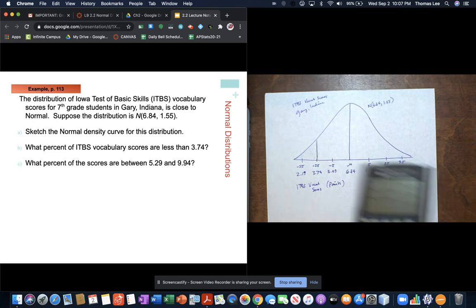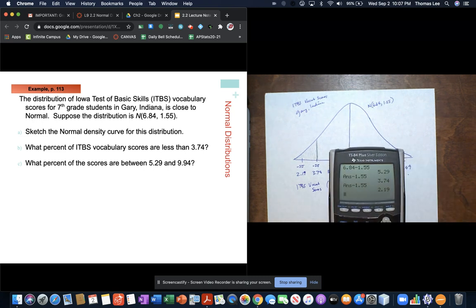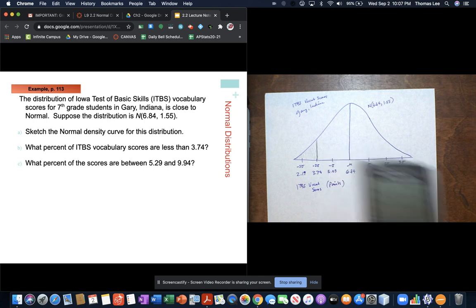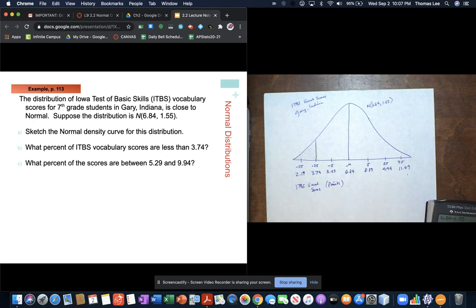Now, you can do a calculation on your calculator, which I'm going to show you, but at this point we really haven't taught you how to use the calculator for the actual calculation. So let's just estimate using the empirical rule, the 68, 95, 99.7 rule. From -2 to 2 standard deviations, this interval captures 95% of the data.